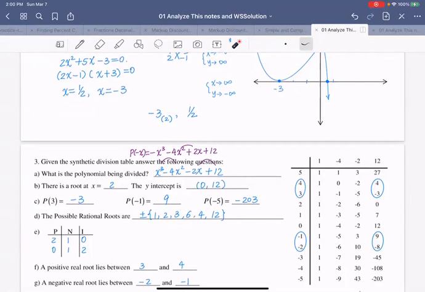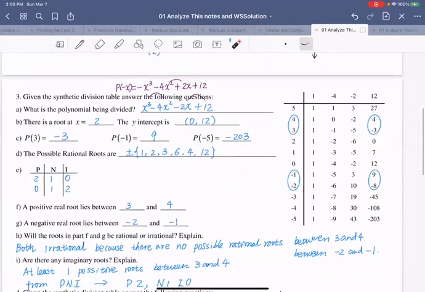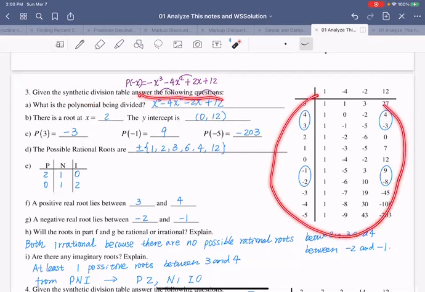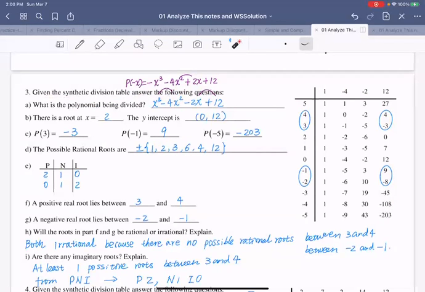All right, I see some people ask to go a little bit slower. Okay, I'm going to teach number 3 in detail. They ask about the synthetic division table, which is shown over here, and they ask what polynomial is being divided.